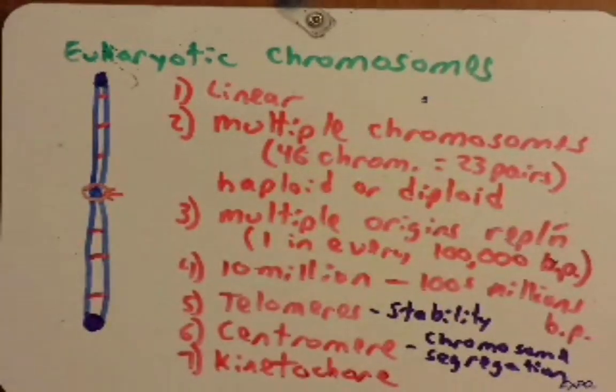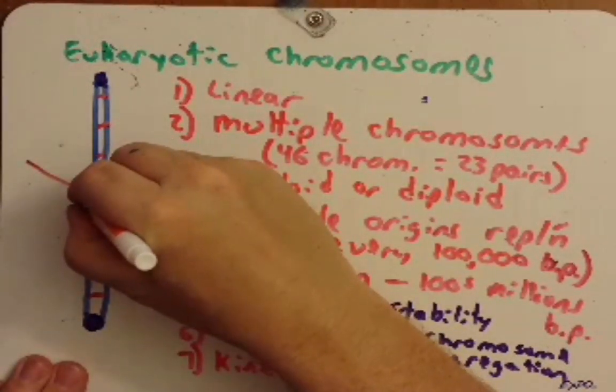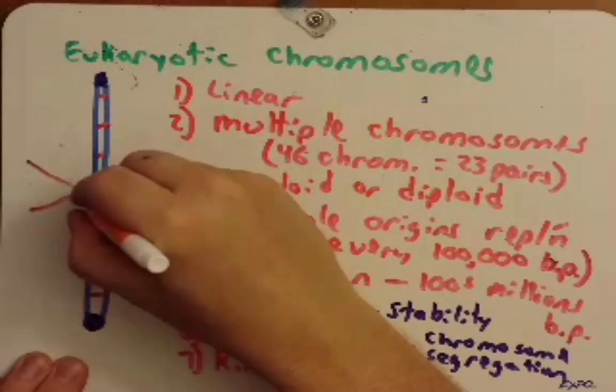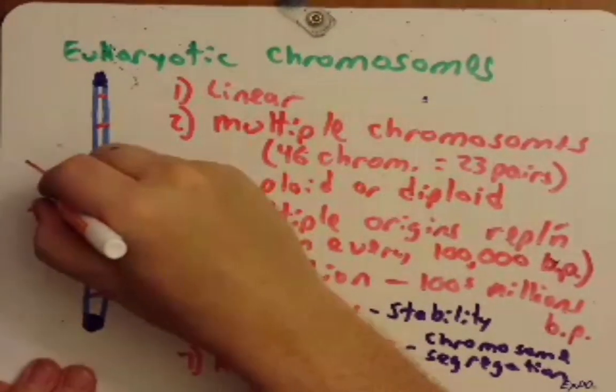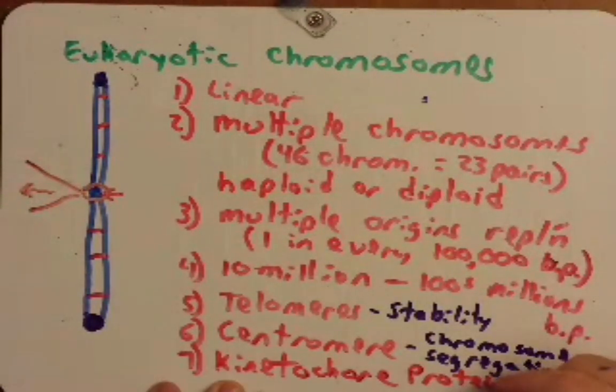What these kinetochore proteins do is that they will bind to the spindle fibers during mitosis or meiosis. That's important in pulling the chromosome towards one side of the cell or the other. So these kinetochore proteins bind at the centromere to help in chromosome segregation.